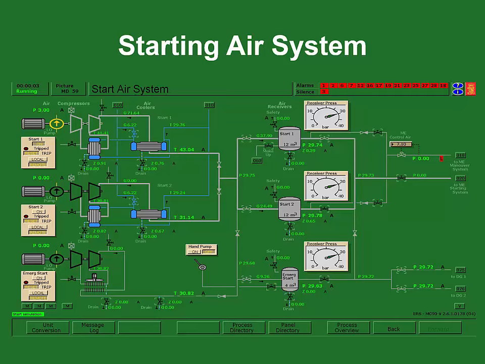So what we're talking about here is, in an emergency, something has happened, you have no air in your start air receivers, that you would have this small emergency start air receiver that can supply air to start up your diesel generators so you can get out of a blackout situation. The Kongsberg system is supplied with this emergency start air compressor with an air-cooled intercooler that can supply air to this smaller emergency start air receiver.